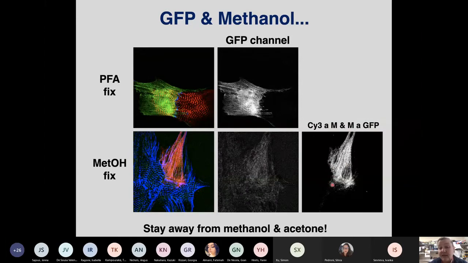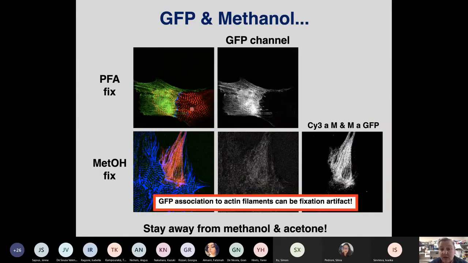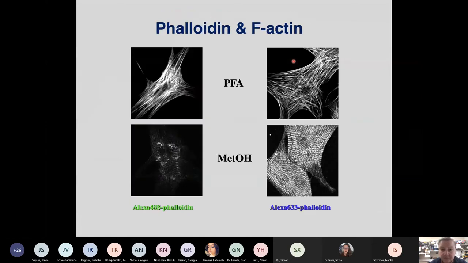So we can visualize it, but GFP and methanol is not a great combination. And just to remind people, if you have stringy filamentous stuff with the GFP, that can be a fixation artifact, so that may not necessarily be true.